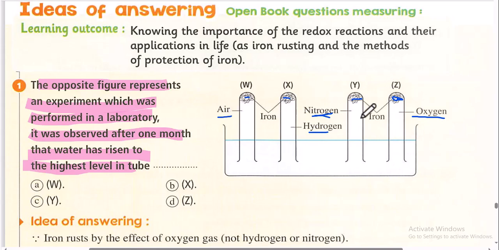Okay, so the choice here is Z. The correct choice is Z. Oxygen reacts faster with iron metal with water and some salts in water, so this oxygen is consumed and the volume of oxygen decreases, so the water rises up in the tube.